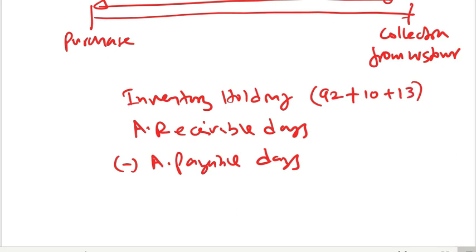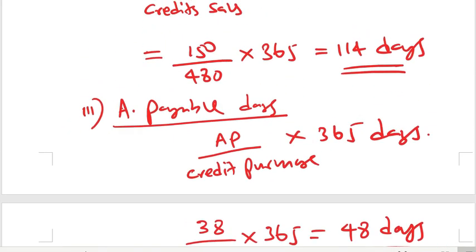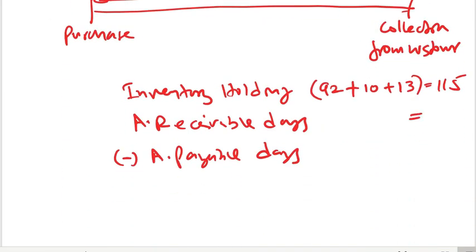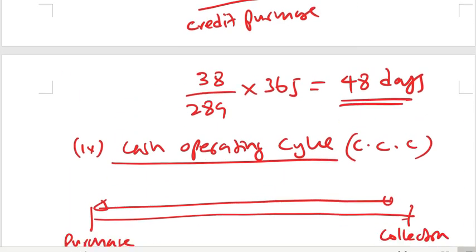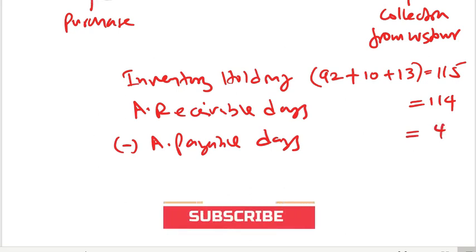So that will be 115 days. Now accounts receivable days we calculated here, that will be 114 days. Accounts payable we calculated 48 days.